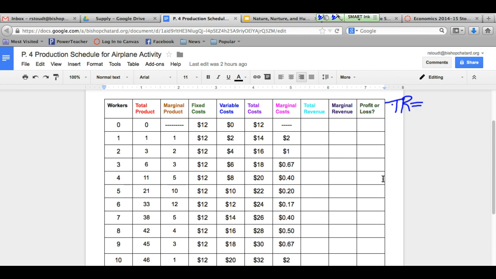So, okay, total revenue is going to be our price times total product. Price times total product. Now, I do want you to make a notation here, and I'm putting this in red for a reason: I will always give you the price.